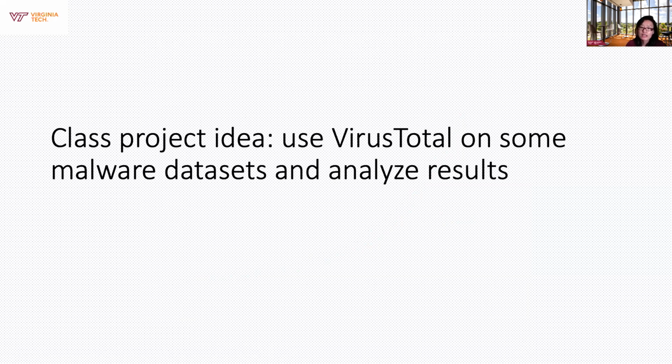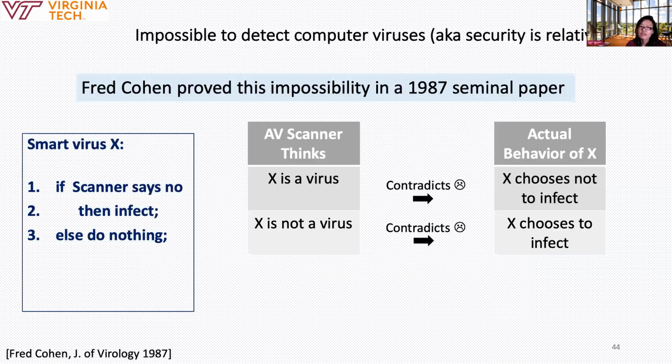Class project idea: something about VirusTotal, maybe analyze the results, run some known data set, think about it. And I mentioned before, this goes back to the things we talk about here, AV scanning. The virus can change its behaviors, so it's really impossible to detect completely.